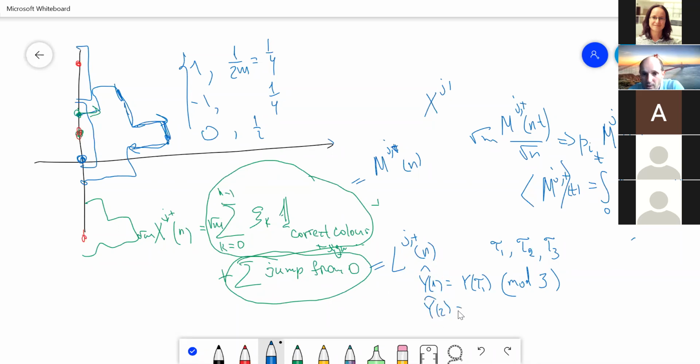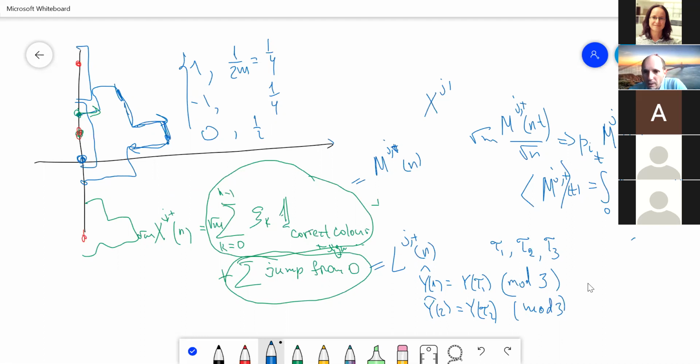Y hat 2 is y at the moment tau 2, at the second return, modulo 3, and so on and so forth. So I just see colors: red, then again red, for example, again red, then blue, and then green, and so on. It's not difficult to show that this is a Markov chain on red, green, and blue.